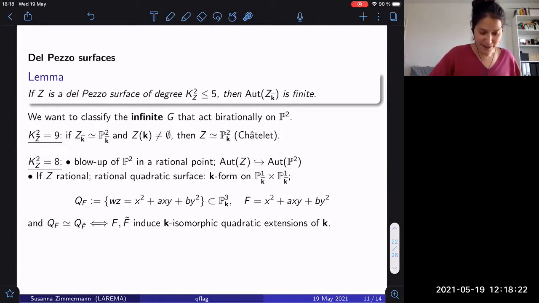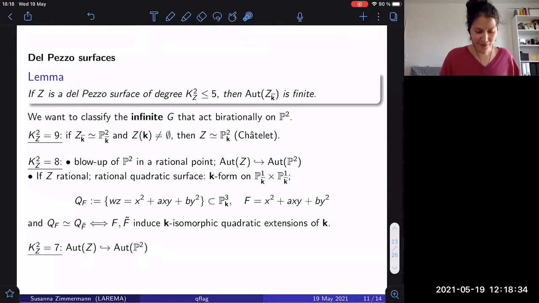Okay. And then we more or less know its automorphism group. For the Del Pezzo surfaces of degree 7, they're blow-ups of quadratic surfaces in one point or blow-ups of P2 in 2 points, but in any case, they have 3 (-1)-curves that are permuted by the automorphism group.